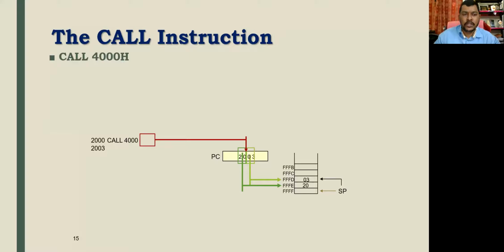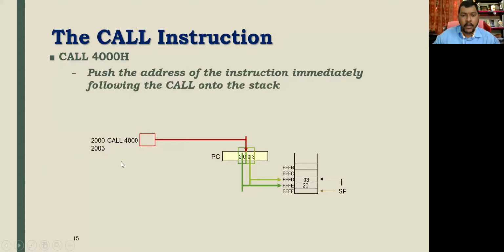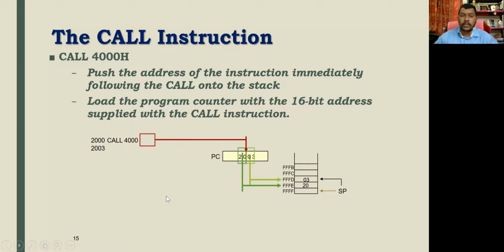So CALL 400H, this is what is written in the main program, and we have written over here 200 पर हमने वो लिखा है call 400, yeah. तो क्या होगा उसका, तो देखिए नेक्स्ट जो मेमोरी लोकेशन का एड्रेस है, जो कंटेंट है प्रोग्राम काउंटर का, राइट. So what it will do, it will push the instruction immediately following the call onto the stack. तो ये 2003 जो है, जो प्रोग्राम काउंटर में है, ये स्टैक पर पुश हो रहा है. तो 03 और 20 यहाँ पे स्टैक पॉइंटर पे पुश हो जाएंगे, और उसके बाद load the program counter with the 16-bit address supplied with the call instruction.